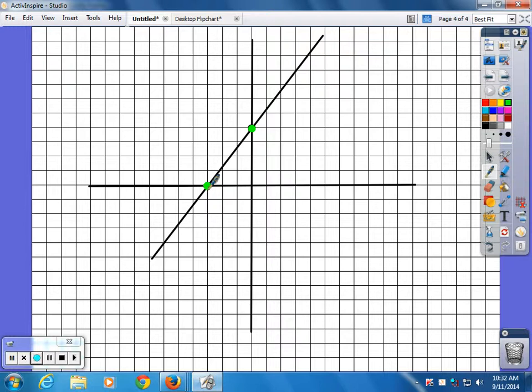Does it matter which one's x1 and x2? Well, we read from left to right, so the one on the left would be x1, y1. So, what's this point?